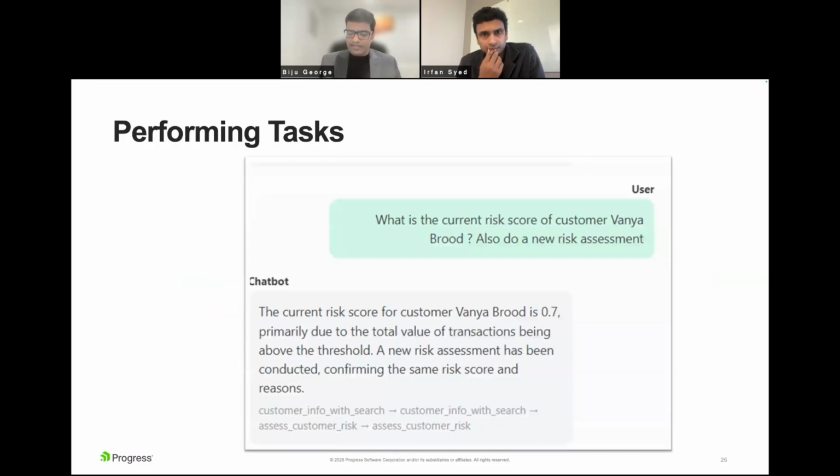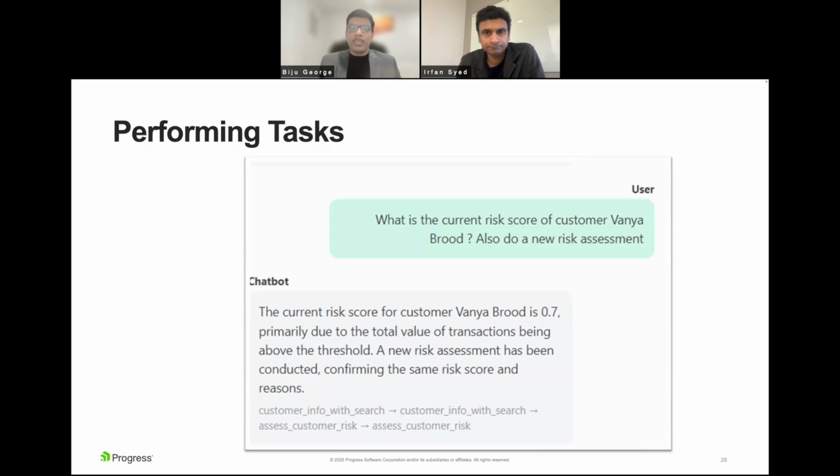And MCP tools, as Irfan mentioned a couple of times, aren't just limited to data retrieval. They can execute task-oriented workflows as well, right? Such as booking an airline ticket, or looking up a stock to see whether it is available, things like that, right? So in this particular example, the user is asking the agent to perform a customer risk analysis where all the risk rules and the logic are residing inside MarkLogic.